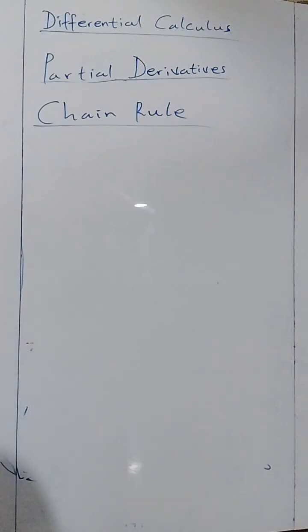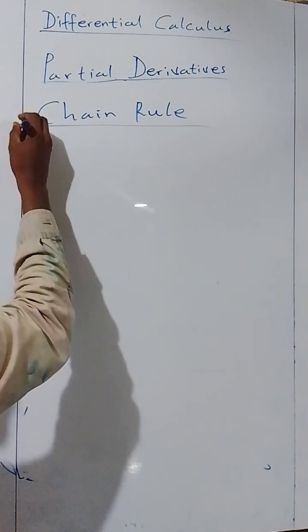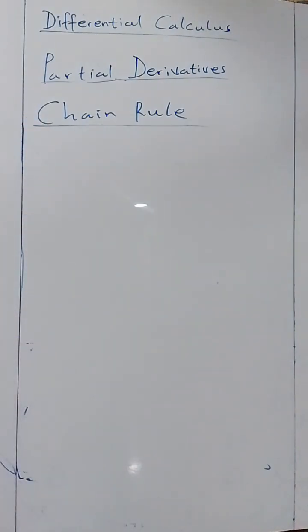So, if we are given a chain function, that is a function of a function, a composite function, that involves two independent variables, and we have to find the partial derivative of the dependent variable with respect to each of the independent variables we are given.